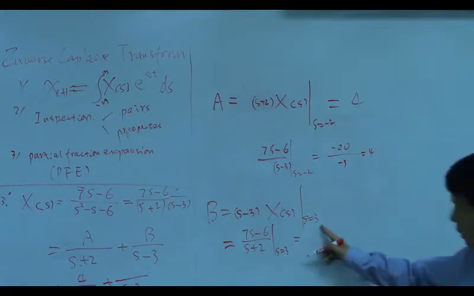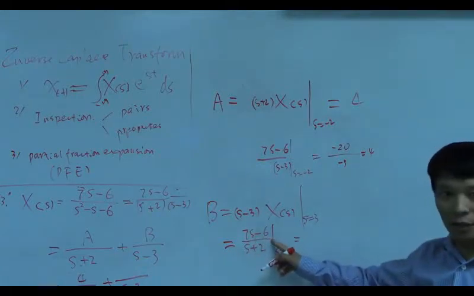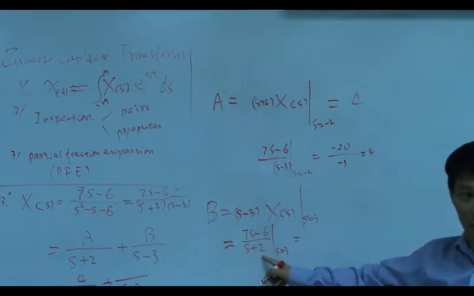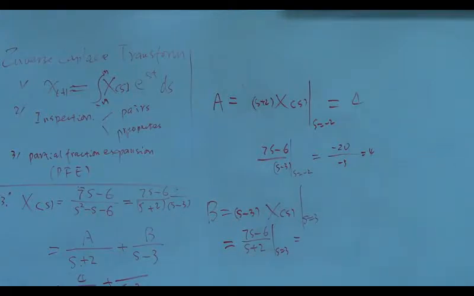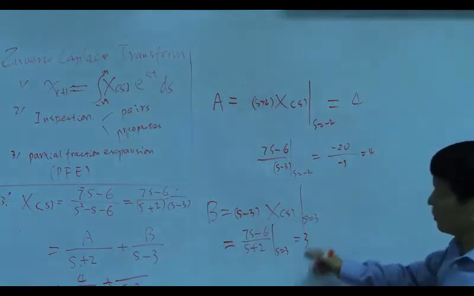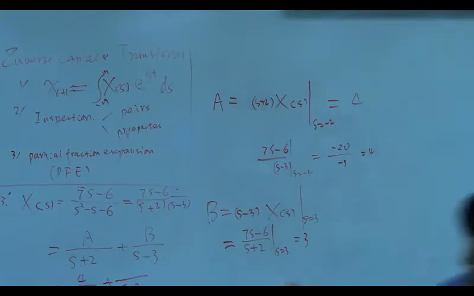On the top, that is 21 minus 6, which is 15. On the bottom is 3 plus 2 equals 5. So 15 over 5 equals 3. That means B here equals 3.